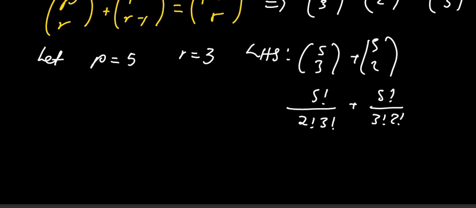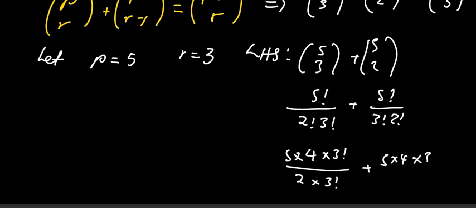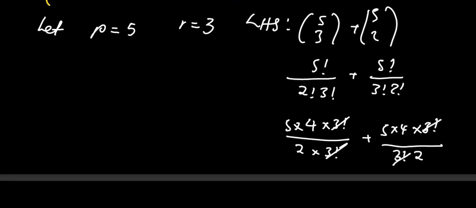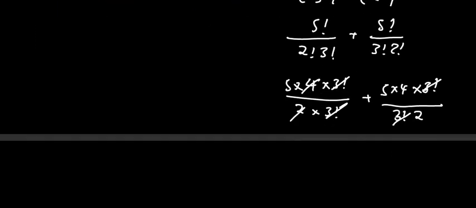This is going to give us 5 by 4 by 3 factorial over 2 by 3 factorial, then you have 5, 4 and 3 factorial over 3 factorial, and then 2 factorial is 2. So now we can cancel the 3 factorials on the denominator and the numerator. This is going to be a 2, that will give us a 10. 1, that's going to be a 2, it also gives us a 10. This is going to give us a 20. So that's the left hand side that we've gotten.